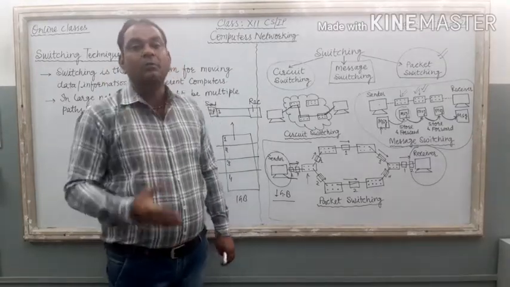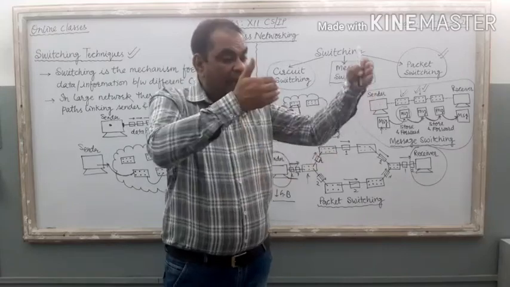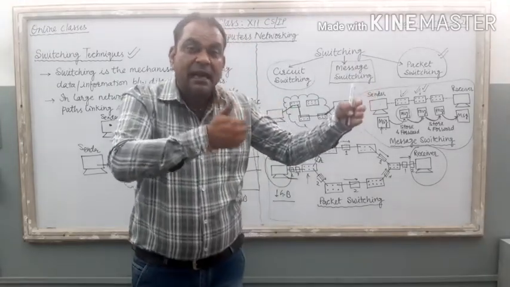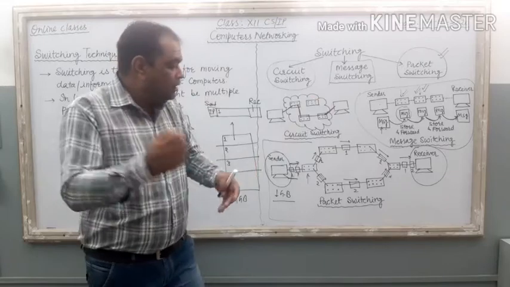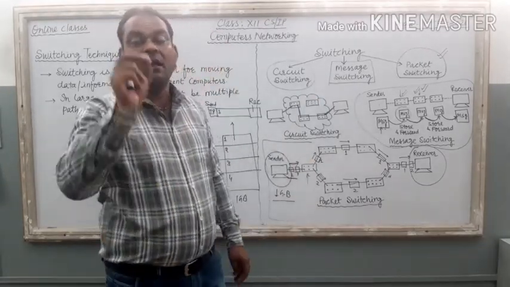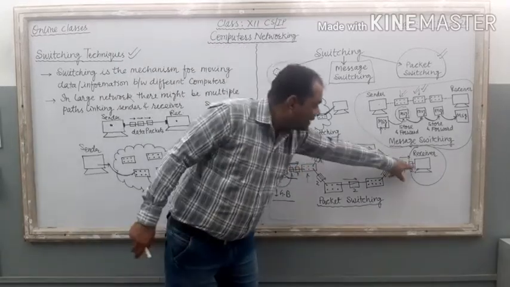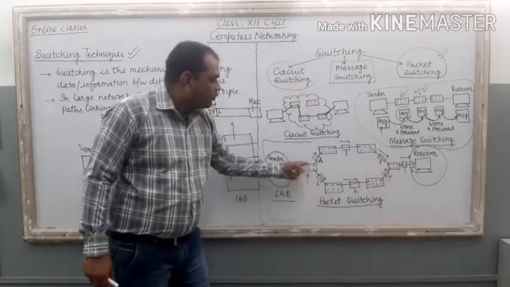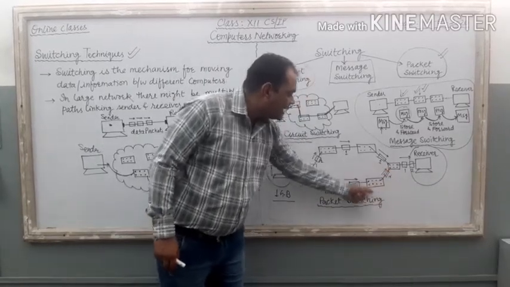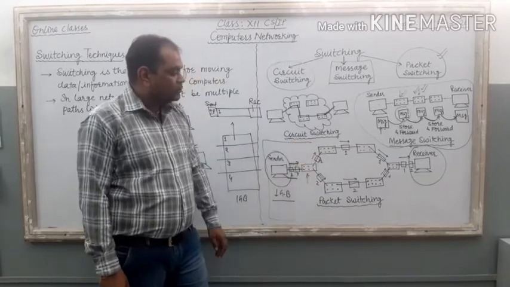Any available route means if multiple routes are available in between the sender and the receiver, these packets can use any route for transmission. Here, just see. Sender, receiver, 1, 2, 3, 4. 4 switching devices are attached here. Then 2 more switching devices are there at the topmost portion.